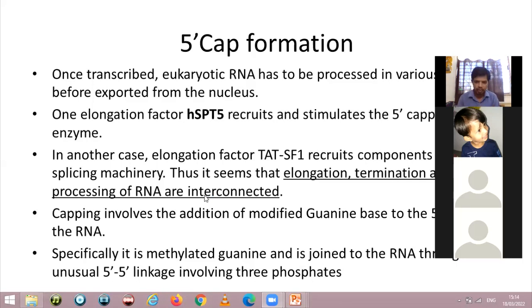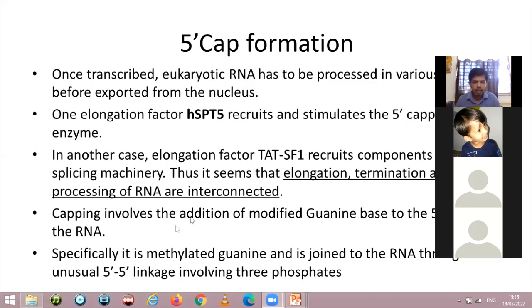Particularly the 7th position of the guanine, we will learn after this slide, will be methylated. A methyl group will be added with the help of an enzyme, and this methylated guanine will be attached over the 5' end of the RNA.